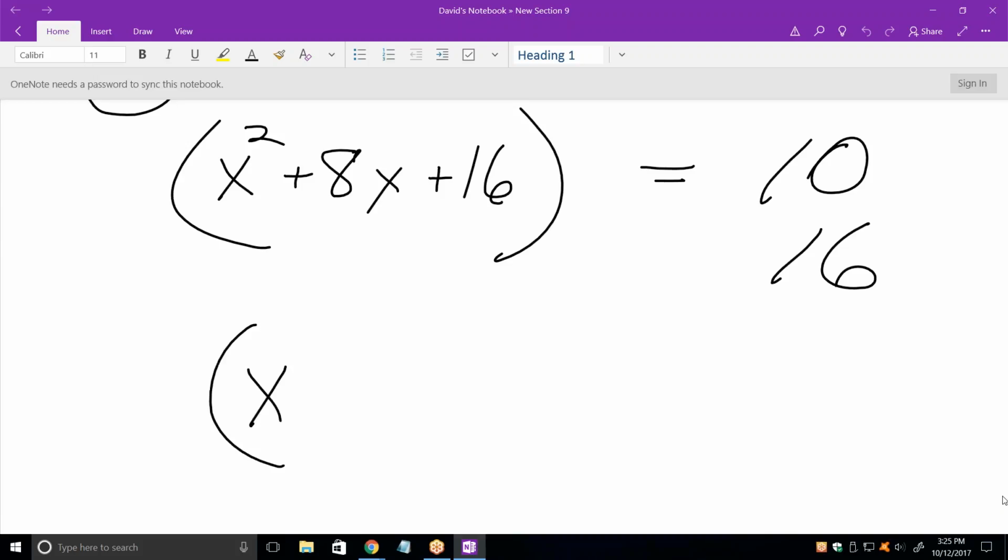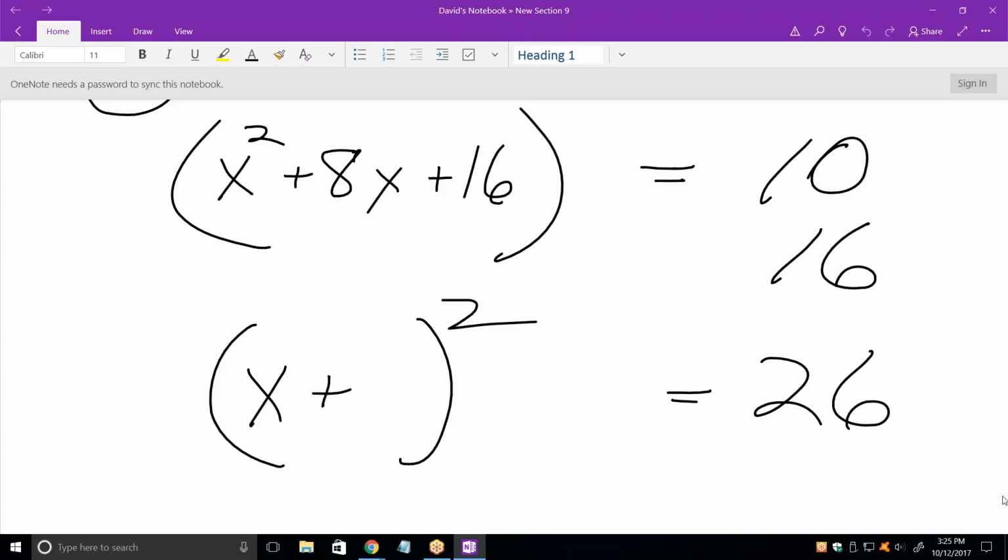Now how can I rewrite the left? I want to write it like this. That's the whole reason I completed the square, so that I can write it as a binomial term squared. What goes after the plus? Oh, you get y minus x, right? No. So, hold on. What goes after the plus is a 4. In other words, it's x plus 4 squared that's equal to this quadratic.